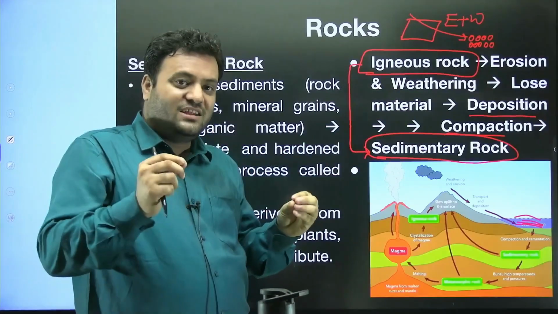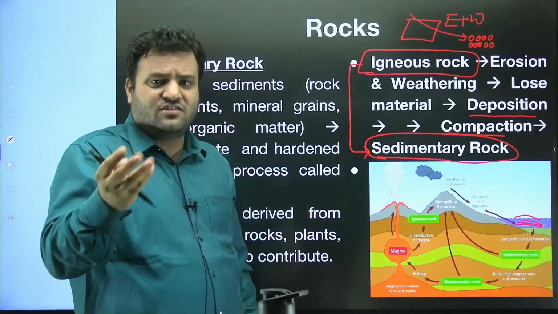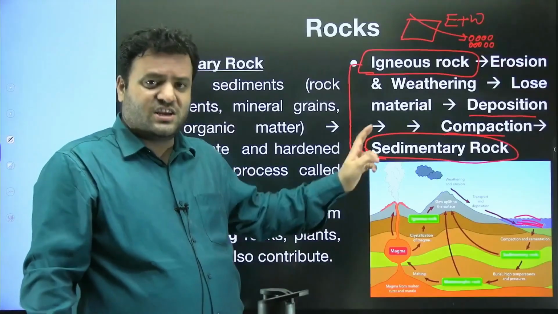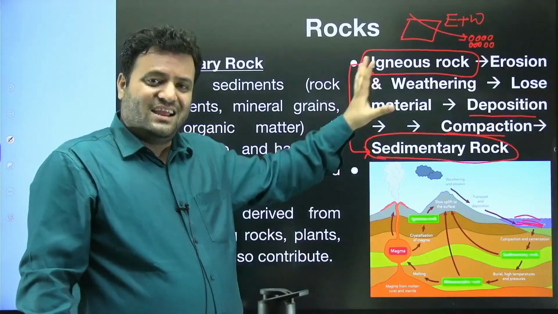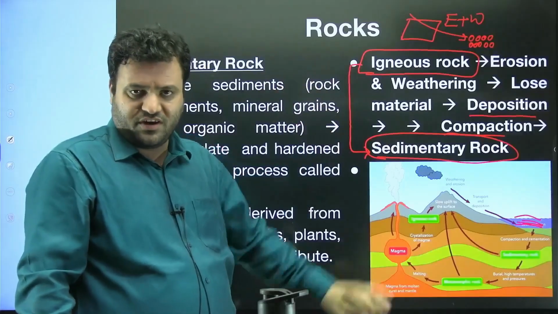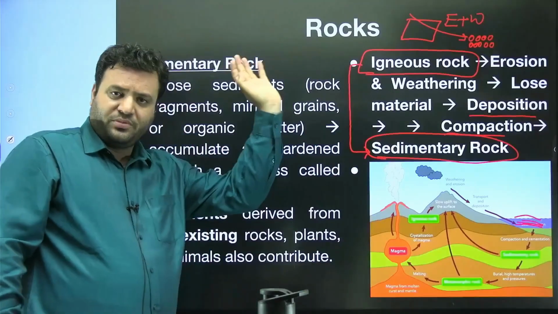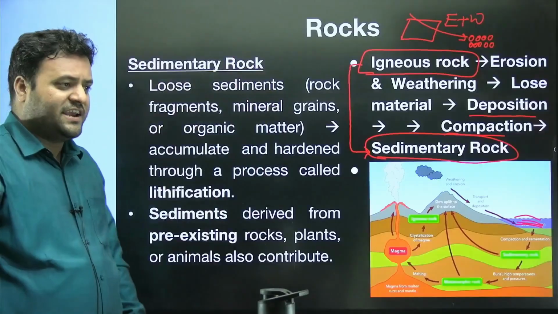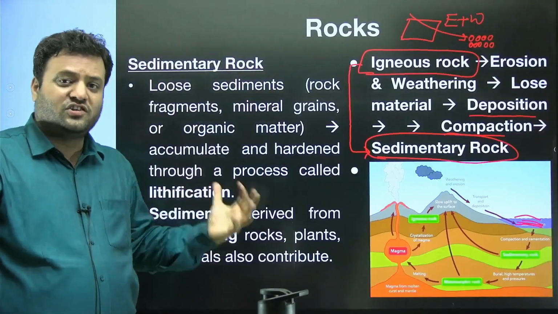When there are loose particles, that much strength will not be there, especially in sediment. So when the igneous rock is there, removal is there, deposition is there, ultimately we get sedimentary rocks. Now let's have more insight into the features of sedimentary rocks.